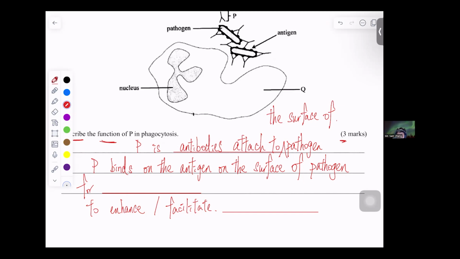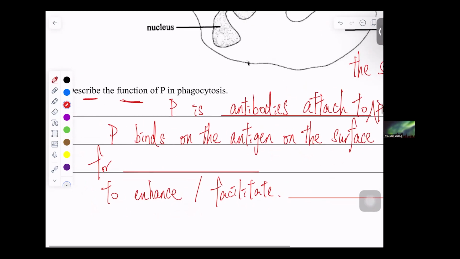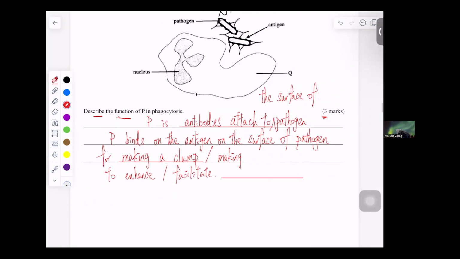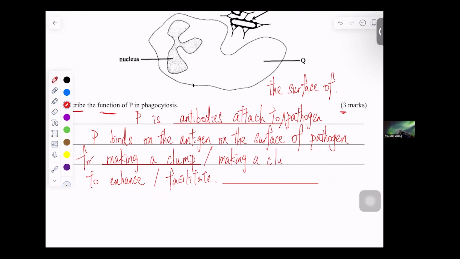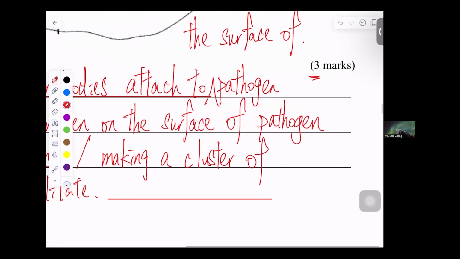so that this can form a cluster of pathogen complex.